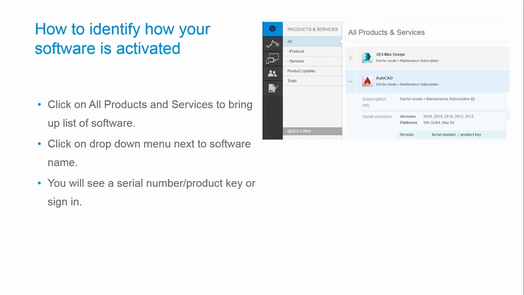If you see a serial number and a product key, then that software is going to be managed in that classic view. If you see a sign-in there instead of a serial number and activation, then that's going to be in the by user tab under user management. That's where you're going to go to set up the user profiles for the sign-in software, and that's how you're going to change software assignments.